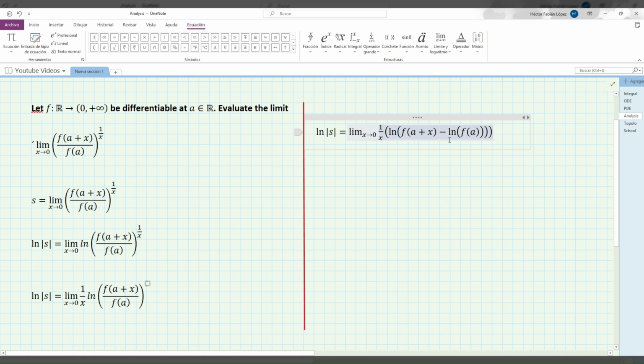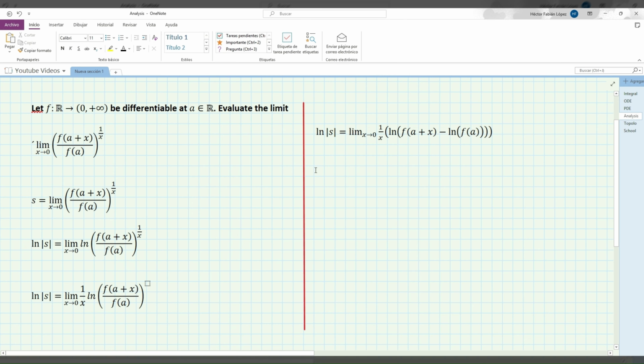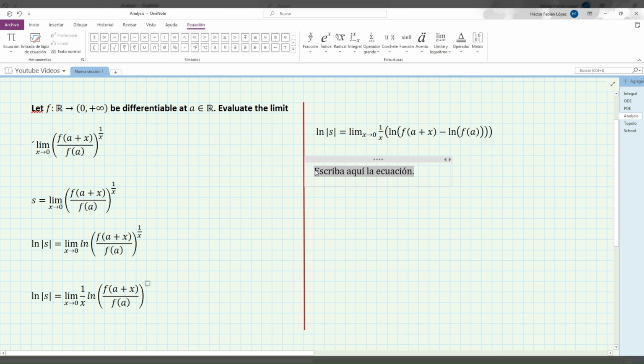Okay, and after that, we can rewrite this as ln of S equals the limit when x approaches 0 of the fraction.